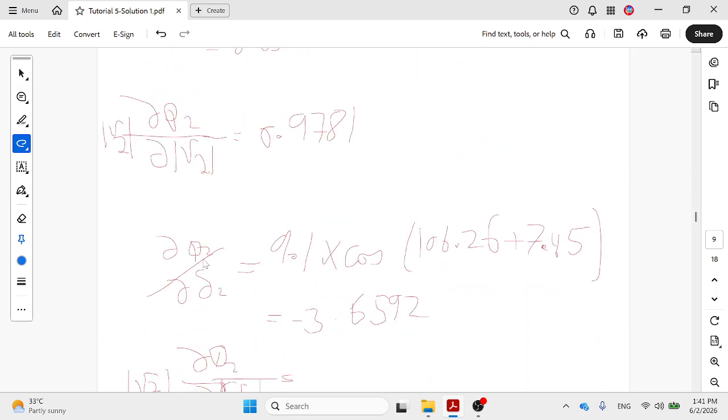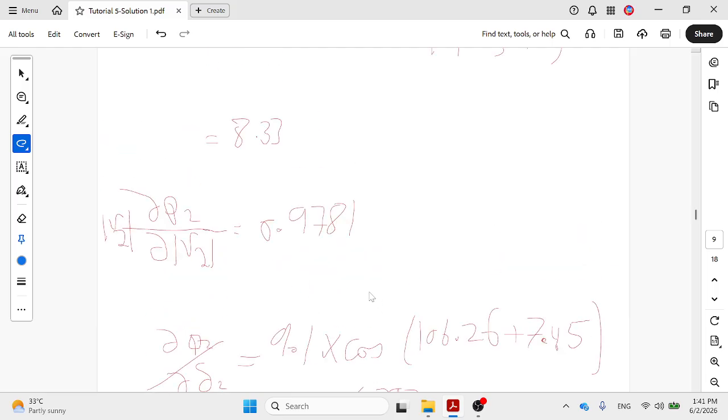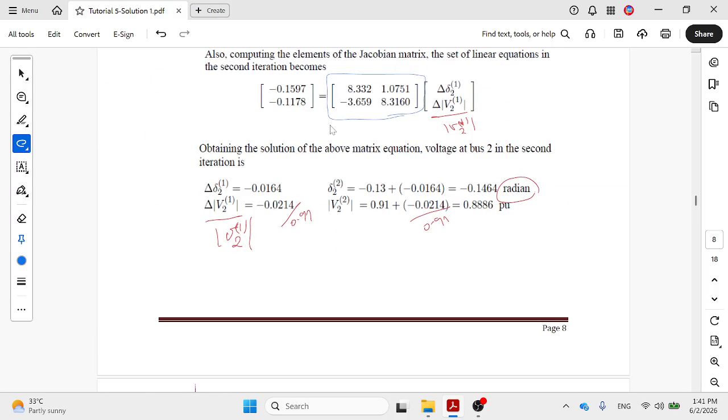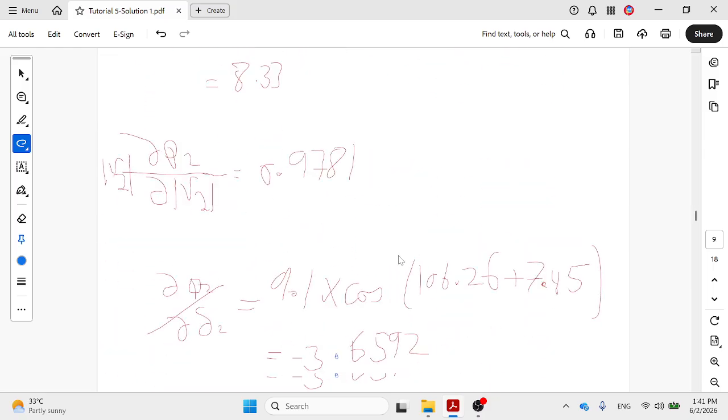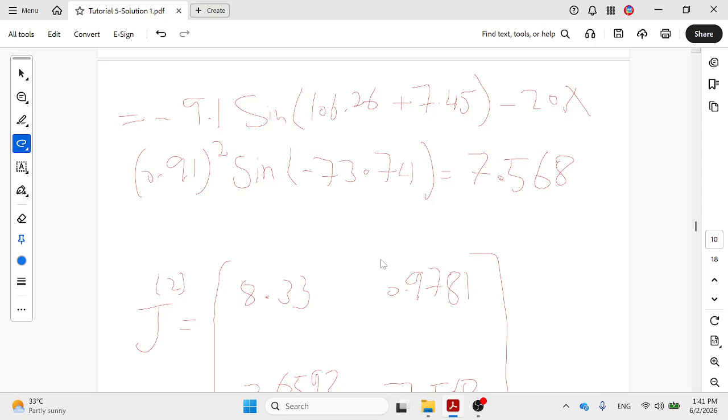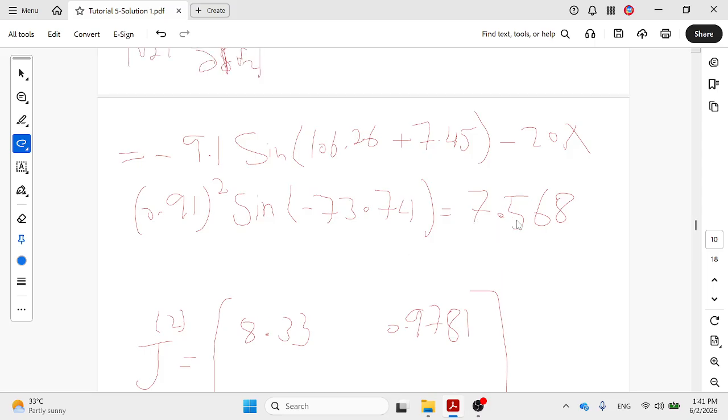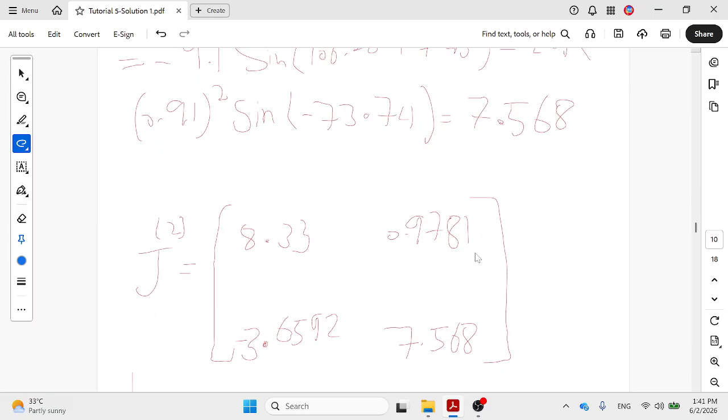Of course, it is Q2 over delta 2, minus 3.6592, and the last value here is 7.568.